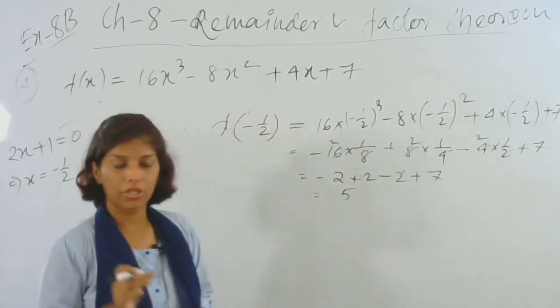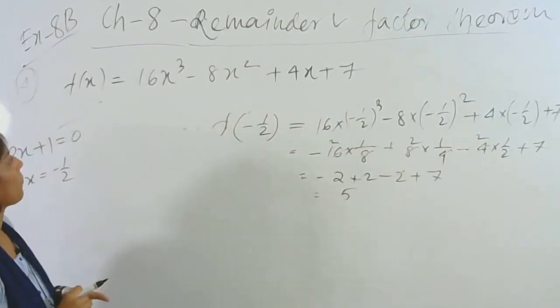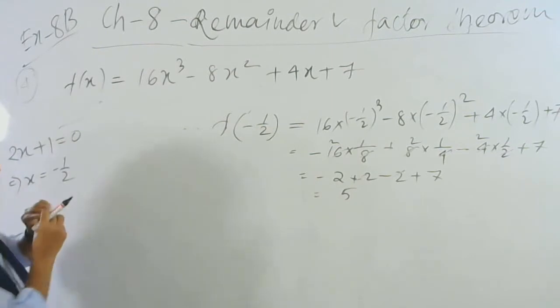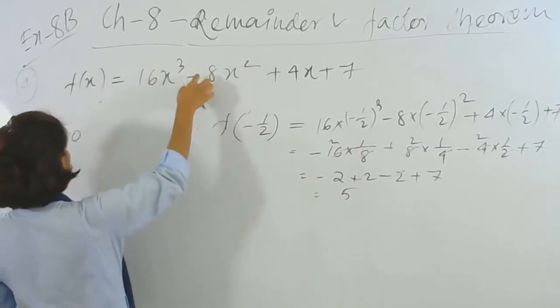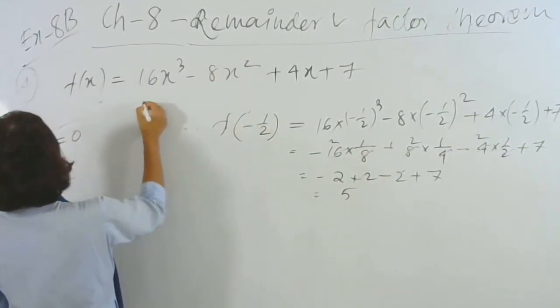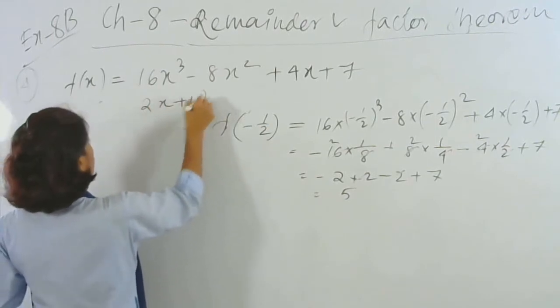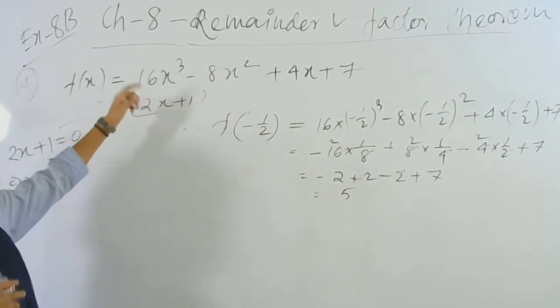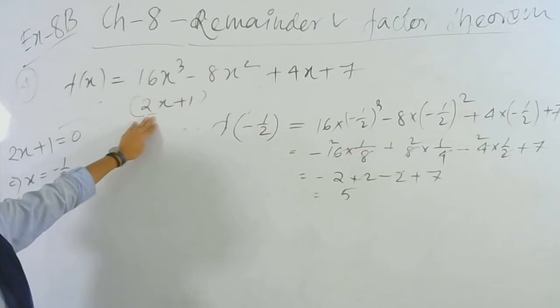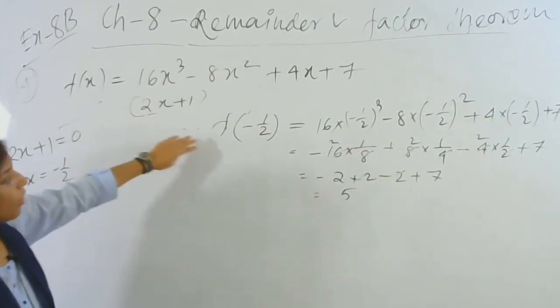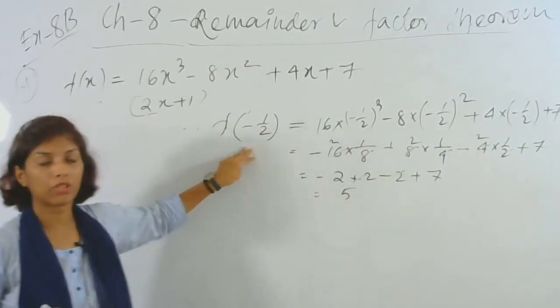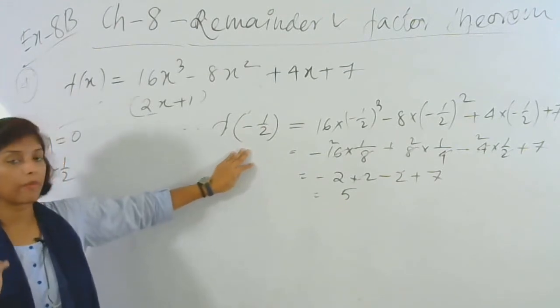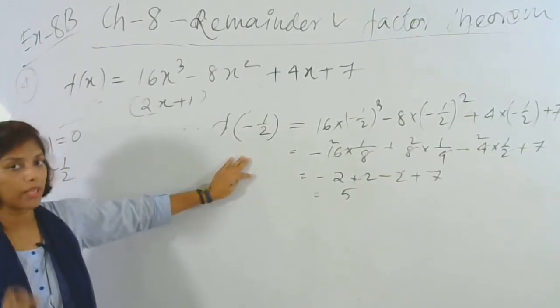Okay, in the question they are asking, this is f of x. They are asking what must be subtracted from this so that 2x plus 1 is a factor of this. It means that till now it is not a factor. Otherwise also you see f of minus 1 by 2, this is supposed to be the remainder, right? So whenever it is a factor, the remainder is supposed to be 0.